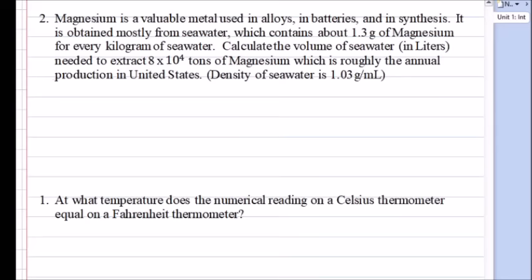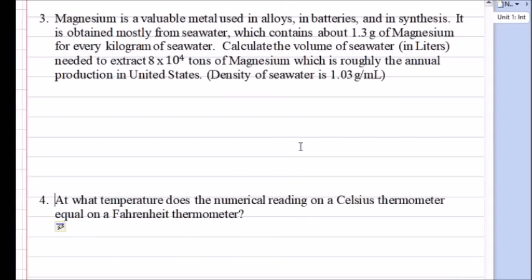So, now what we're going to do is to find the volume of the seawater in liters needed to extract 8 times 10 raised to 4 tons of magnesium, okay, which is roughly the annual production in United States. Yeah. So, given the density of the seawater is 1.03 gram per mL.